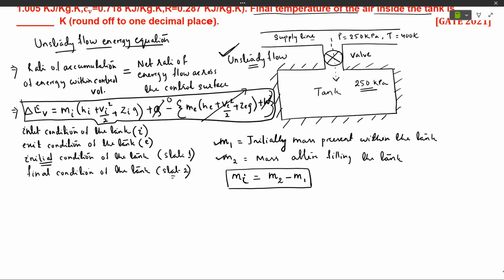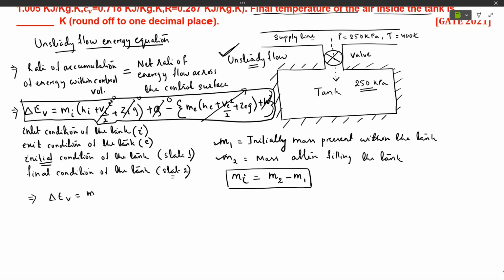So if mass is entering, it means that mass must have some enthalpy. But there is nothing regarding kinetic energy and potential energy mentioned in the question, so we simply neglect the kinetic energy and potential energy here. So the unsteady flow energy equation reduces to ΔE_V equal to m_i h_i.